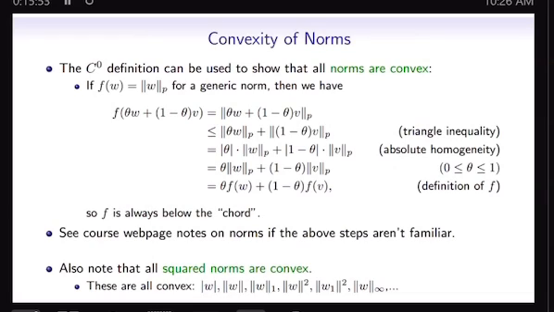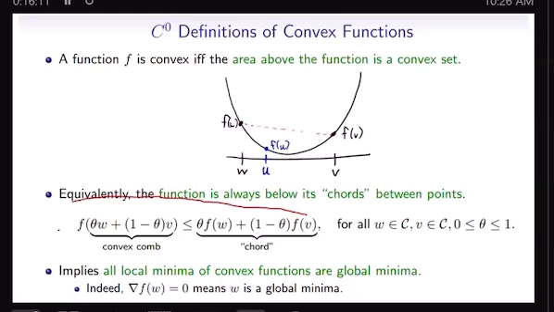By the C0 definition, we can show that all norms are convex. How are we going to show this? Don't forget, we have an equation. If this equation is satisfied, we can confidently say it's convex.